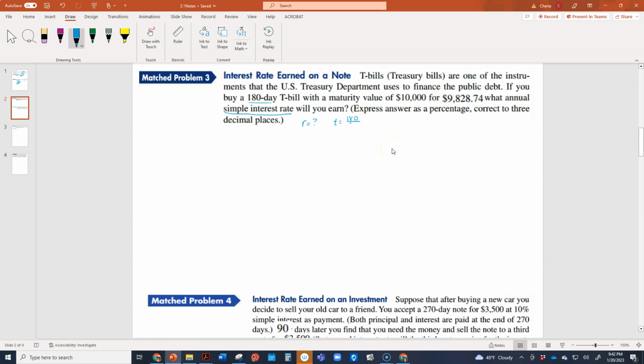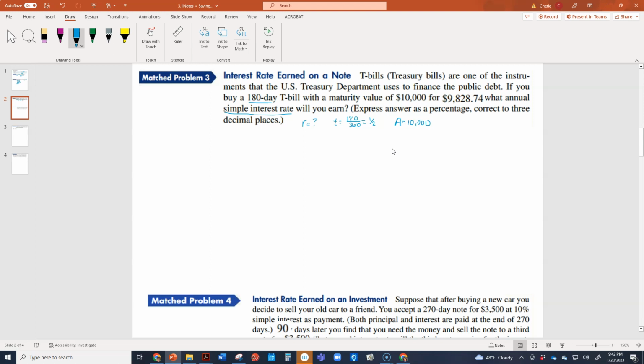So 360, and then because 180 divided by 360 is 1/2, I am going to reduce it because it seems like 1/2 is easier to use. Has a maturity value of $10,000. That's my future value. That's what I'm going to end up with. So that's my amount.